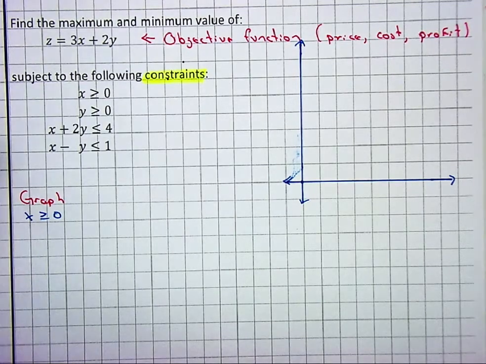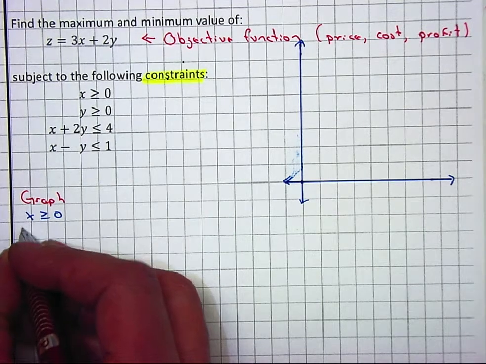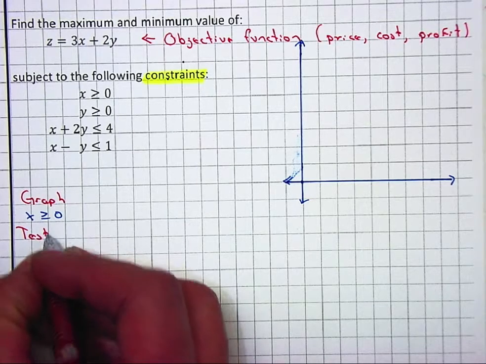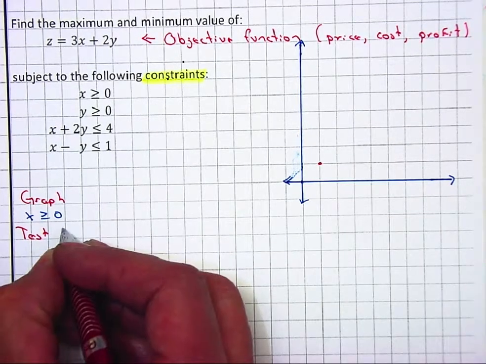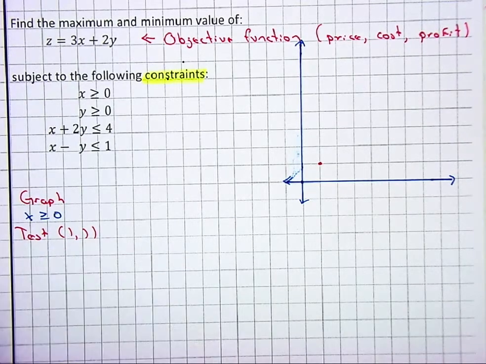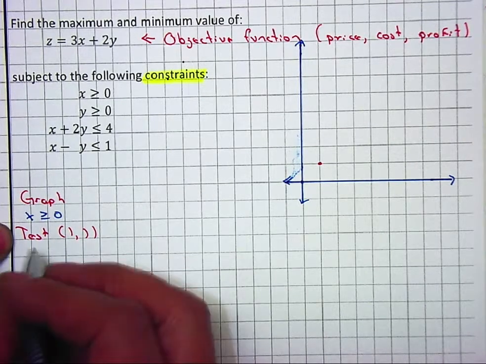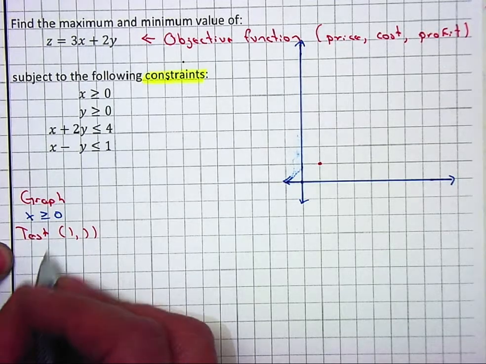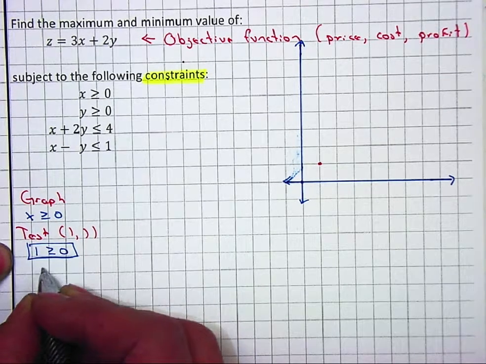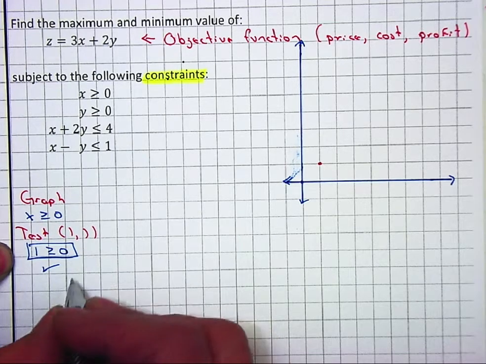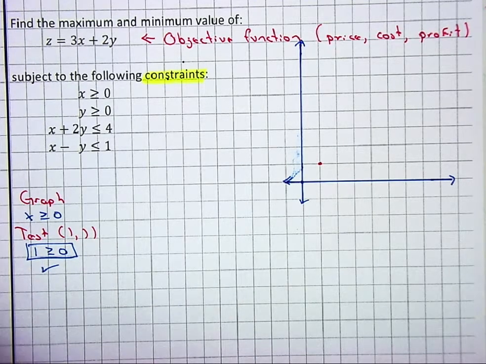So therefore, I'm going to test a point that's not on the line. In this case, I cannot test 0, 0. I'm going to test 1, 1. It's a very quick process, so make sure that you show me this on your homework. Your x value is 1, it's greater or equal to 0. That is true. So therefore, I'm going to shade right of the line, including 0, 0.